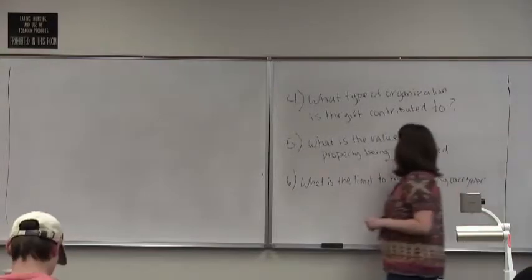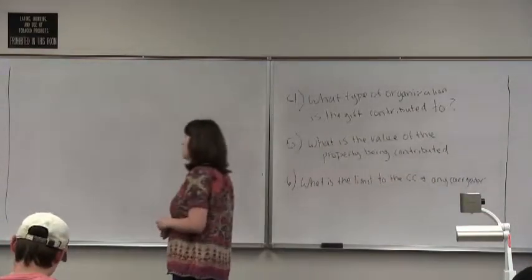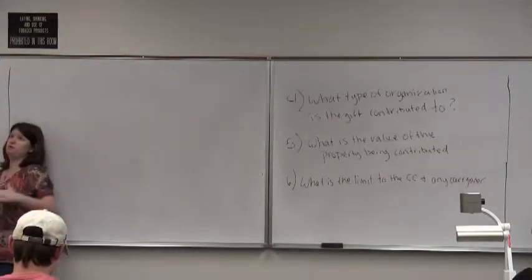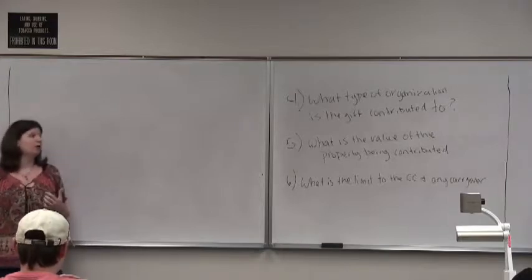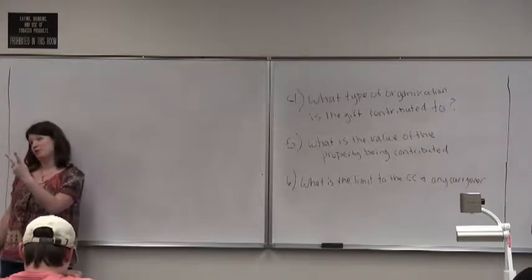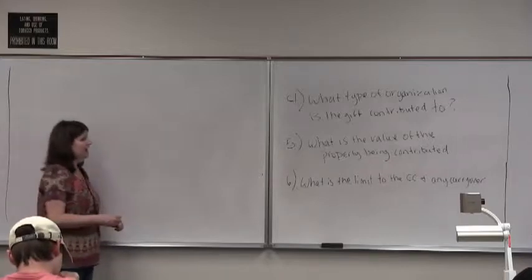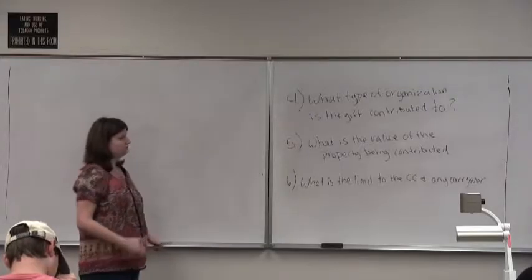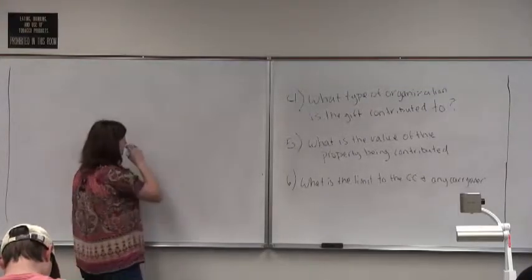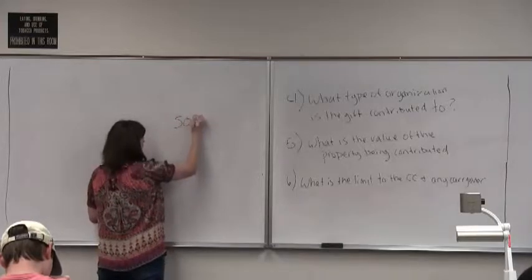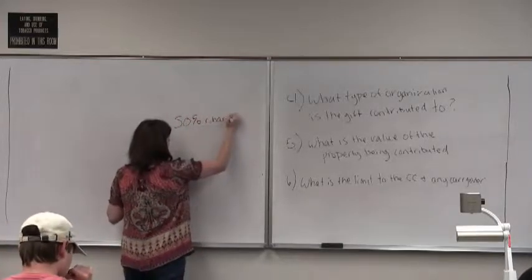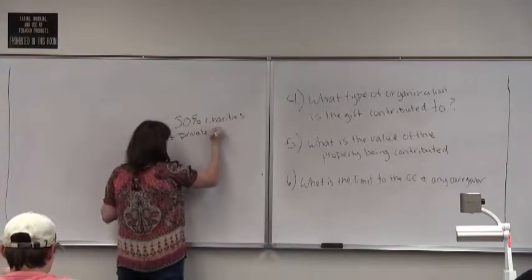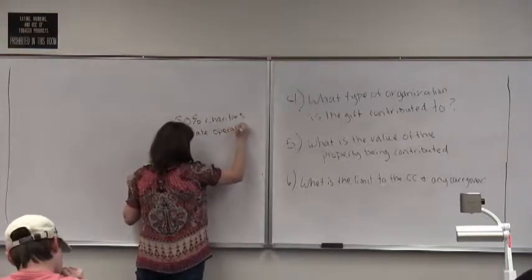What type of organization is the gift being contributed to? For purposes of this provision of the tax code, there are really only 2 categories. We have basically your regular nonprofits, which are called 50% charities, and private operating foundations.